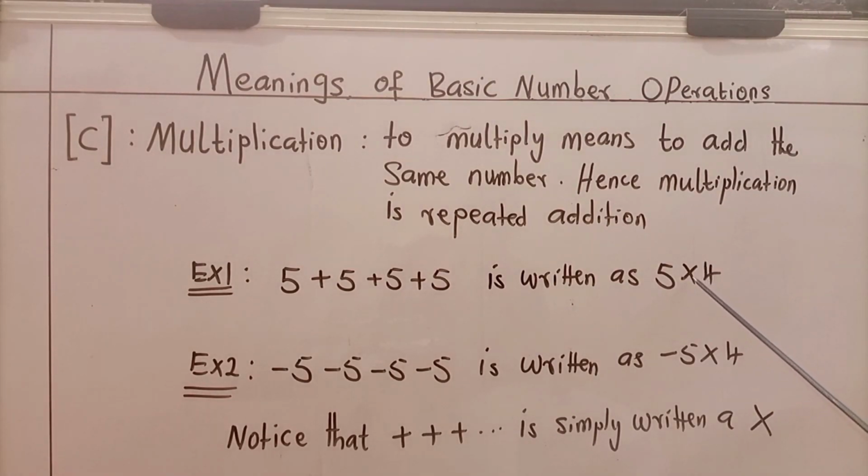This tells us how many times this 5 was brought. The 4 tells us how many times, and this simply means the times itself. Therefore, for convenience, this operation is written like this. It saves more space, more energy, and more time to write this in this form.